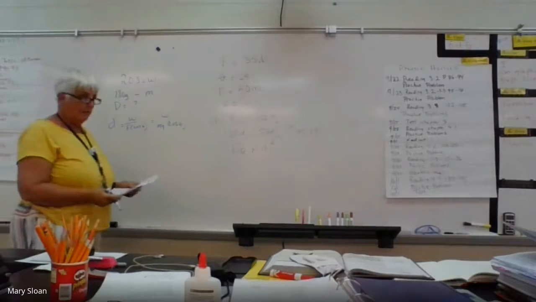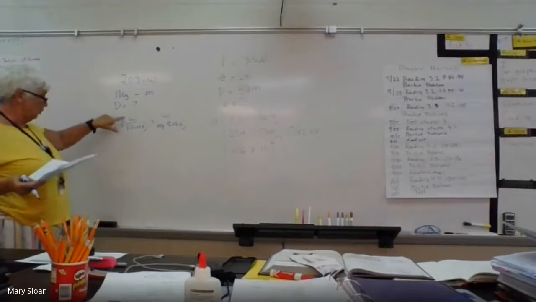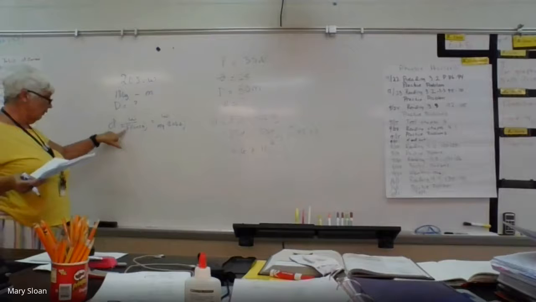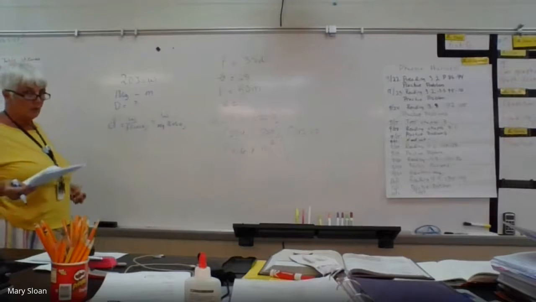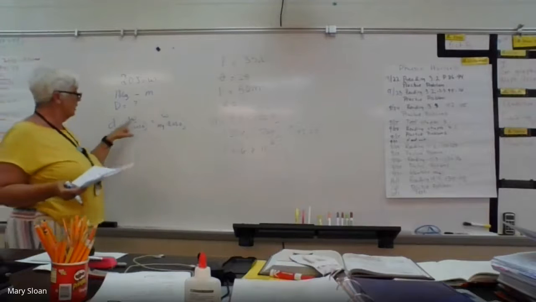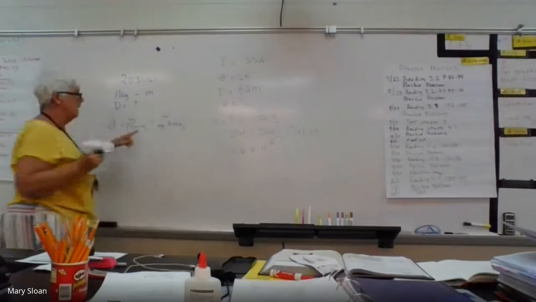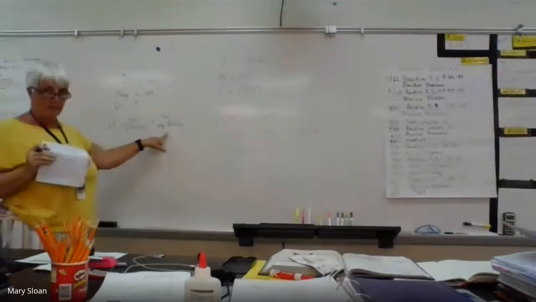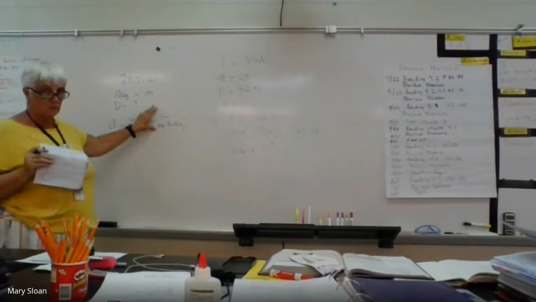So what we've done so far is we've used this, which is our displacement equals work divided by our force, cosine of the angle. But I want to introduce a new equation to you today. So this one is displacement is work divided by mass times gravity times cosine of the angle. This is the one you're going to use for this problem.